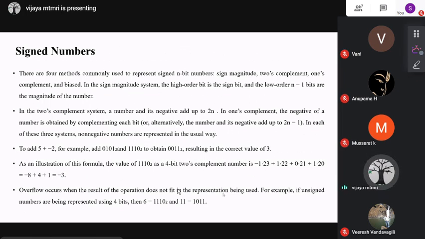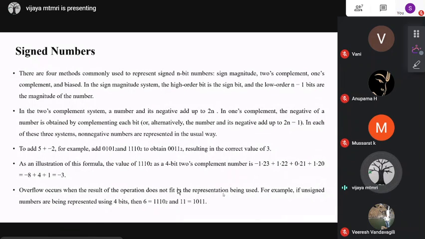In a bias system, non-negative numbers do not have their usual representation. All numbers are represented by first adding them to the bias and then encoding the sum as an ordinary unsigned number. Thus a negative number k can be encoded as long as k plus bias is greater than or equal to 0.